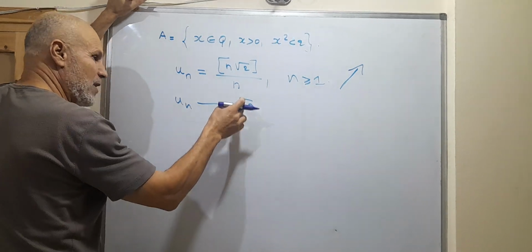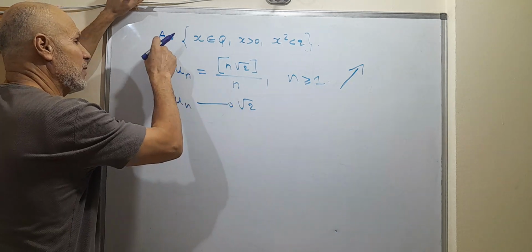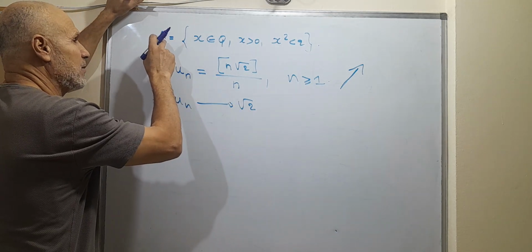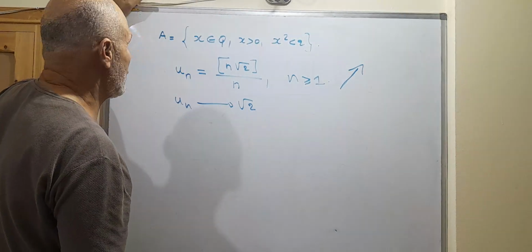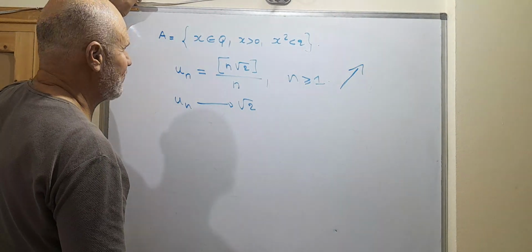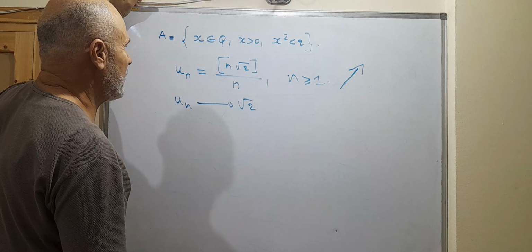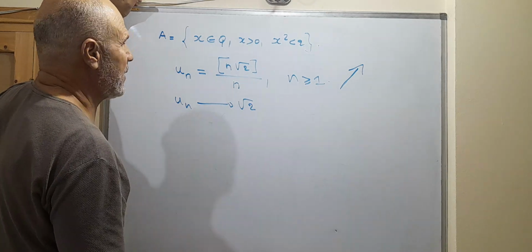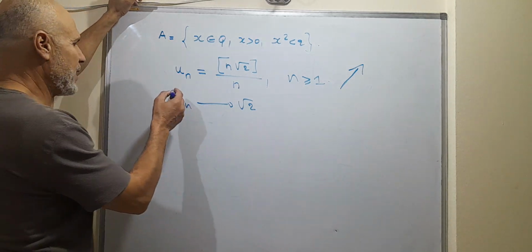Why? Because the square root of 2 is a point of the closure of A, the adherence of A. This is the second method, but we can consider it for answering differently the first question. How can we show that?